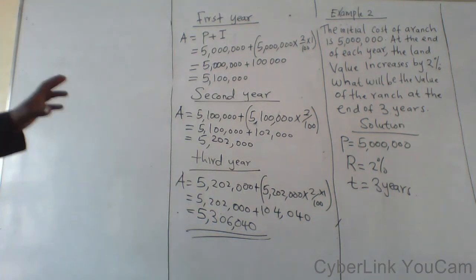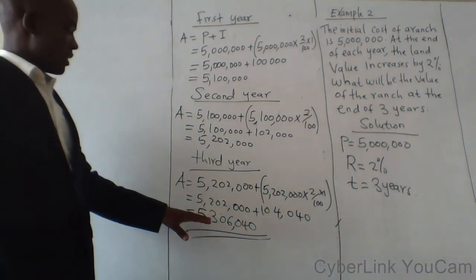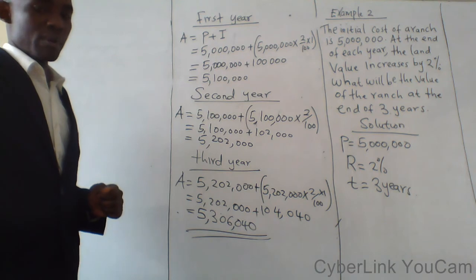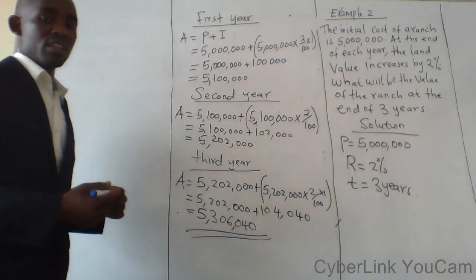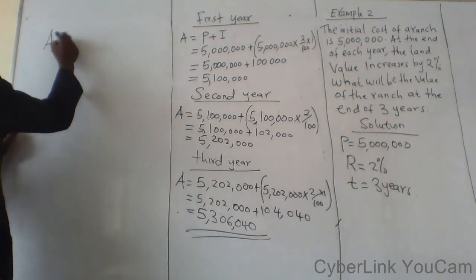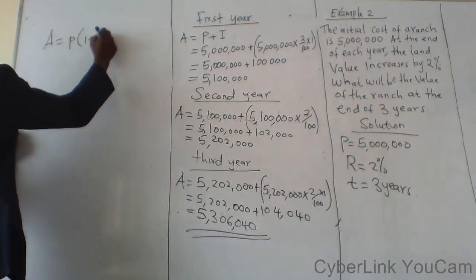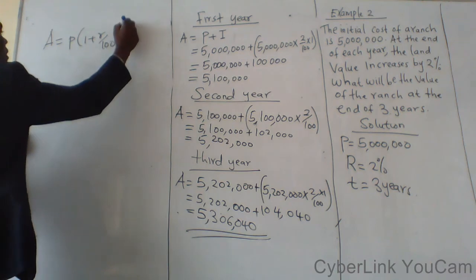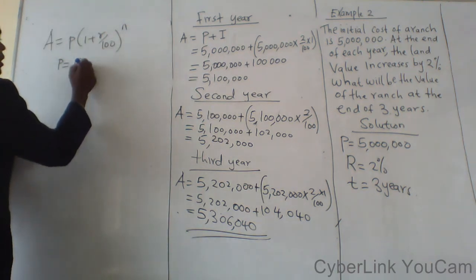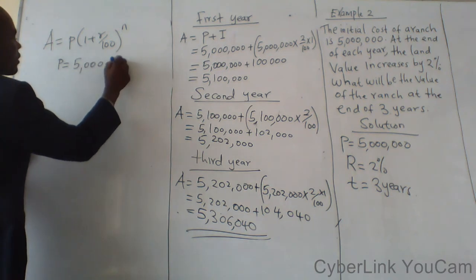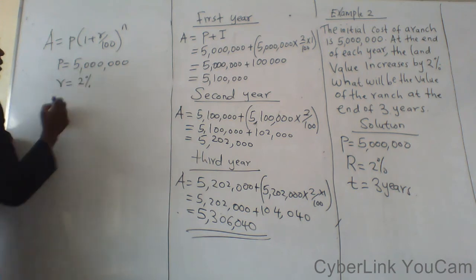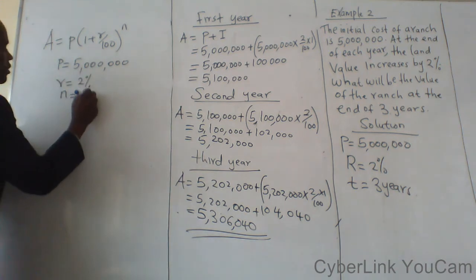So it means this land will cost 5,306,040 at the end of that particular 3 years. Remember, like we have said, you can also take the formula directly, where we say amount is equal to principal into 1 plus r over 100 raised to n. Our principal is 5 million, the rate is 2%, and n is equal to 3.